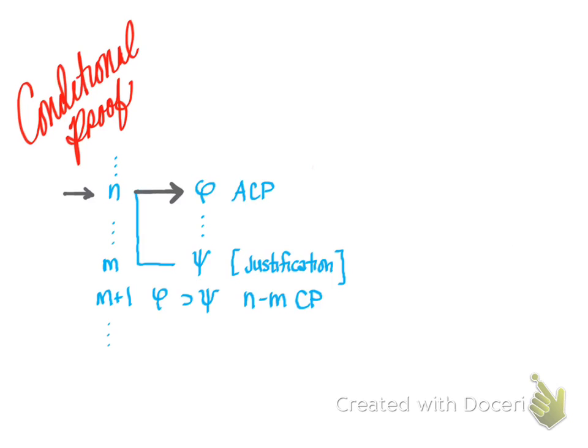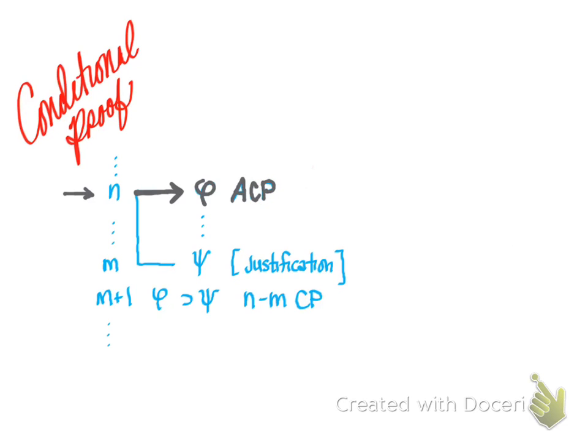Everything else is assumed to be true for the sake of argument, and now here's a new assumption, phi, because phi could be any statement, not necessarily an atomic statement. Now every line in our proof needs a justification of some kind. What we write here is just, hey, this is an assumption.